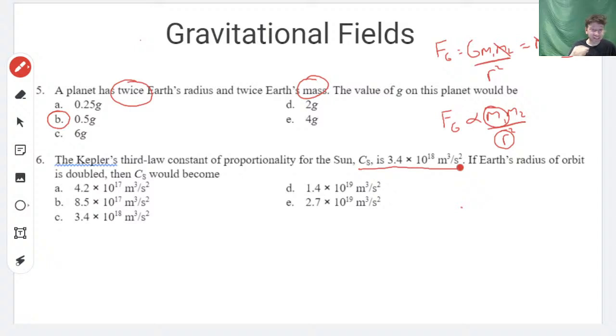Right? If you have the sun, it is the same for any object orbiting the sun, whether it's Mercury, Mars, Jupiter, Earth. Even if you took Earth and put it into a completely different orbit, which I hope never happens, the value of CS would not change. So our answer is just C, no calculations required.